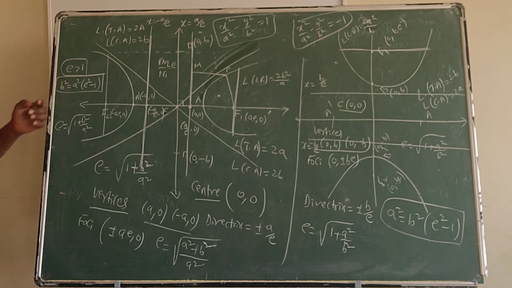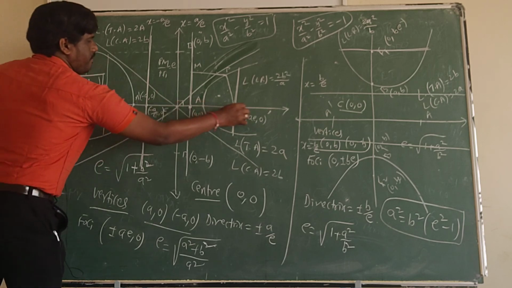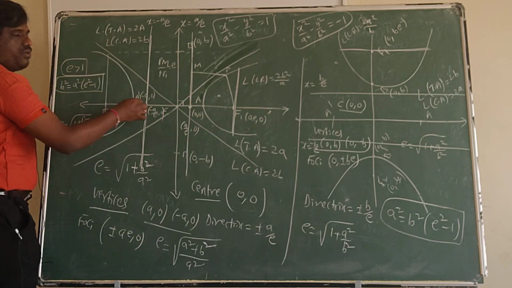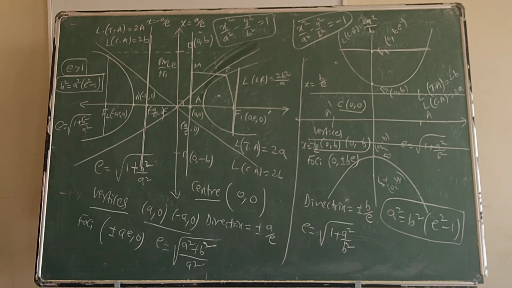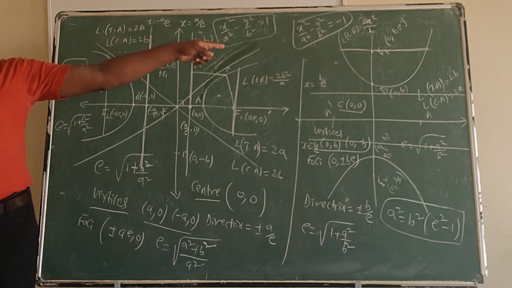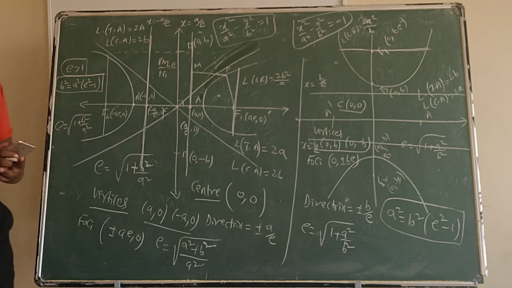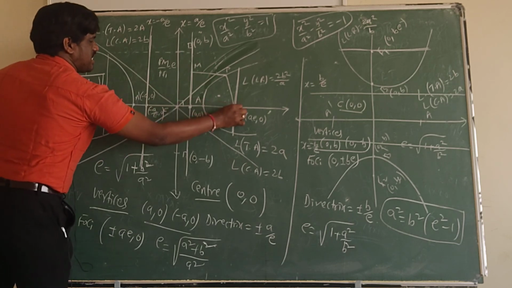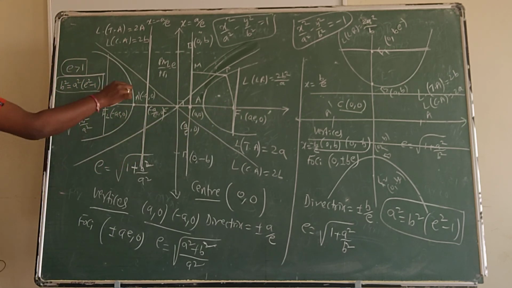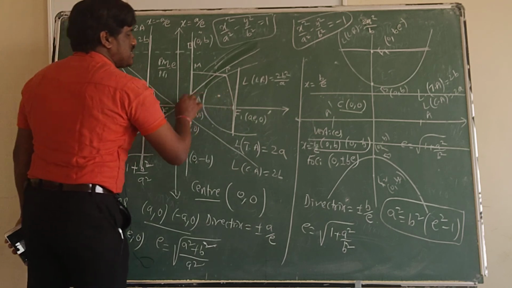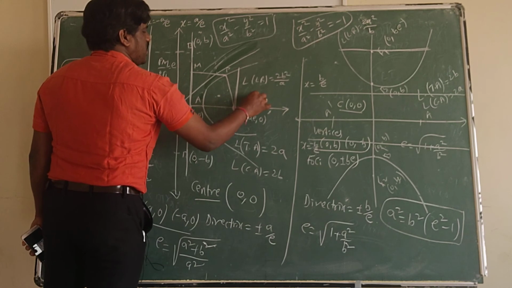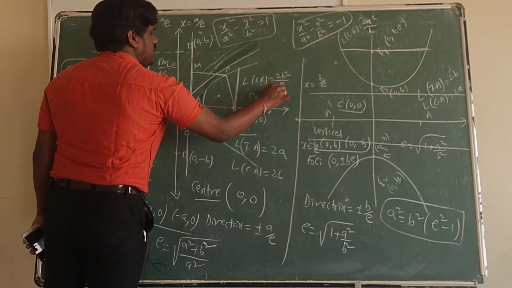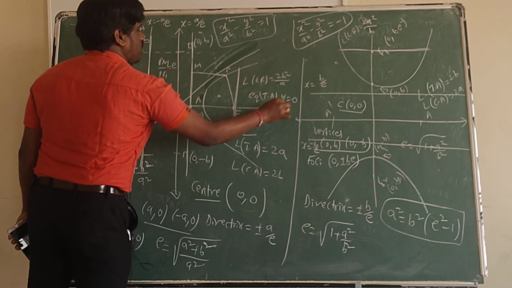Now next, what is the equation of the transversal axis here? This is the x axis. X axis means y is equal to 0. Y axis means x is equal to 0. So the equation of the transversal axis is y is equal to 0.